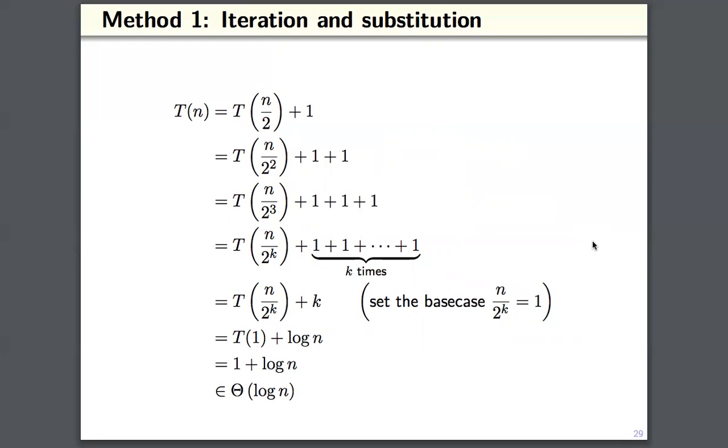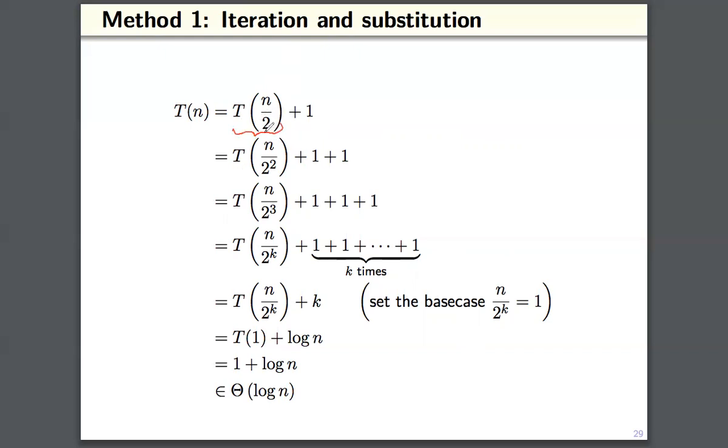Now let's see how to solve the recurrence if our recurrence is something like this: T of n is equal to T of n by 2 plus 1, using iteration and substitution. Substitution means substitute iteratively, substitute the value in iterations. That's the meaning of this. So what is T of n by 2?